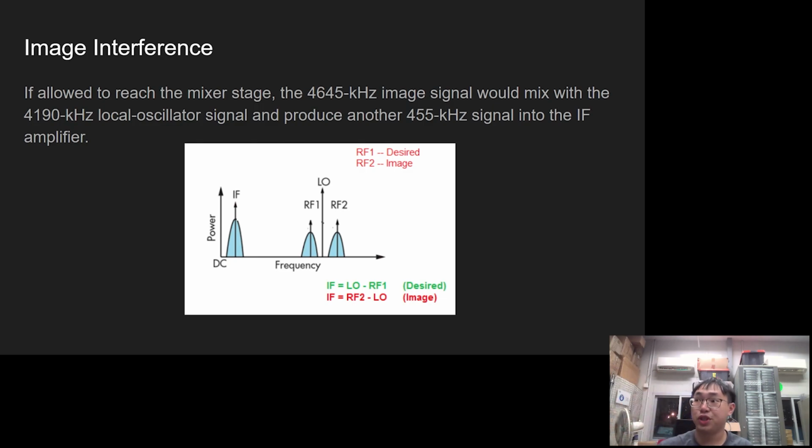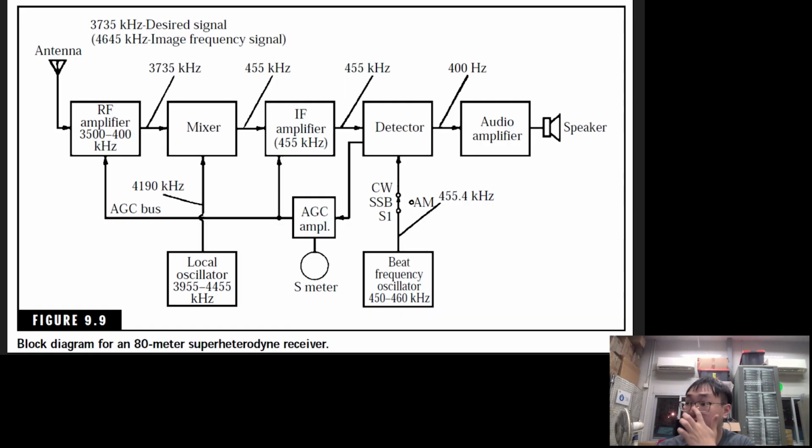Image interference, image signal. We have talked about it already, right? So you know how to calculate the image frequency. But I guess they will ask you one question at most. Do I need to explain it once again? In our example in the textbook, they have an image frequency of 4645.